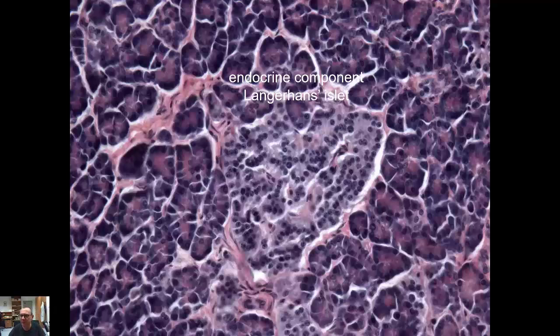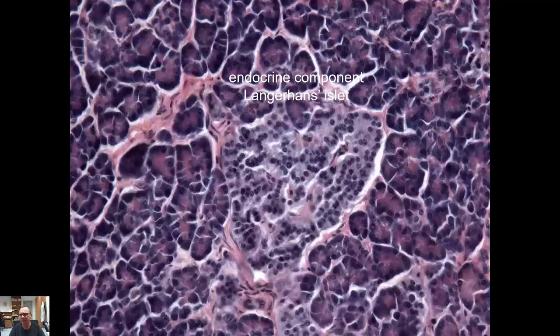Their number is enormous. It's possible to find about 1 million islets in one pancreas. Their size is very variable. This one here is quite big. It can measure more than 200 micrometers in diameter and is composed of many cells, but there also exist microislets composed of only several cells, so a very variable size is here.